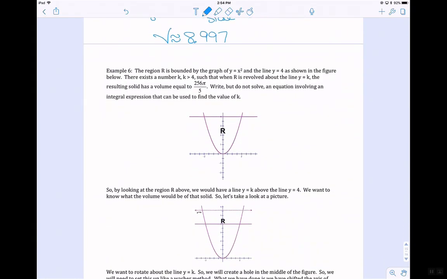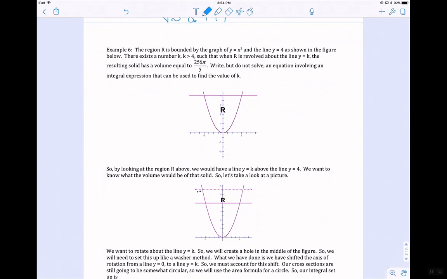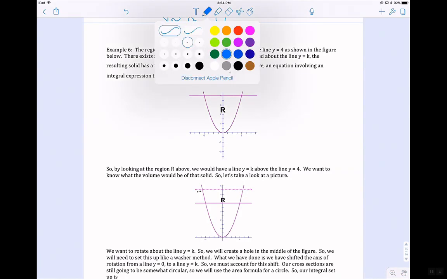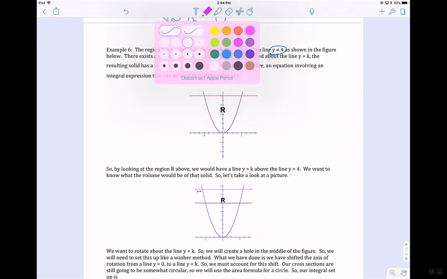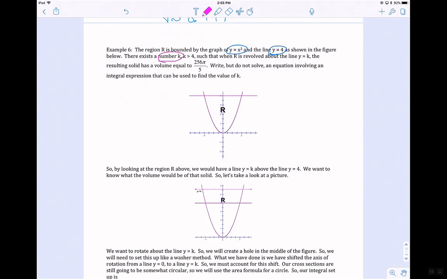So this last example: the region R is bounded by the graph of y equals x squared and the line y equals 4, as shown in the figure below. There exists a number k, where k is bigger than 4, so above the line, such that when R is revolved about the line y equals k, the resulting solid has a volume of 256 pi over 5.